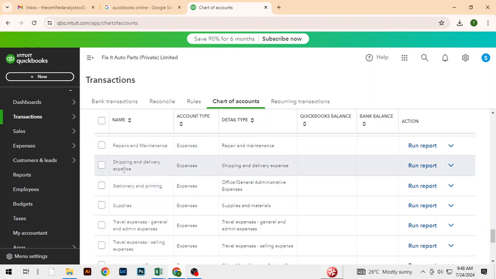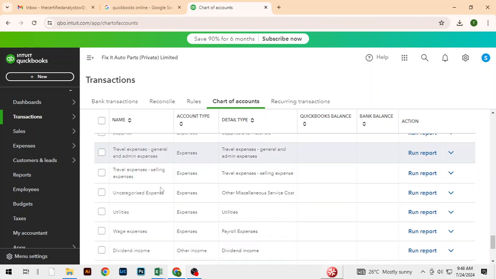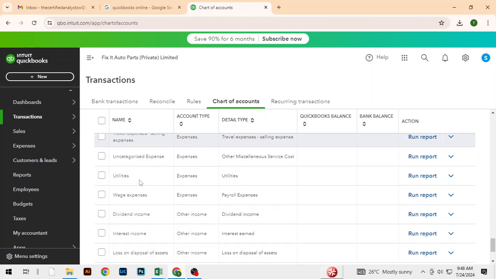Then shipping and delivery expense, stationery and printing, supplies, you can use this one. And then travel expenses, this could be transport, okay? Travel expenses, selling expenses, that is if you're catering for the cost for your sales reps who are going around advertising your product. Utilities like electricity.